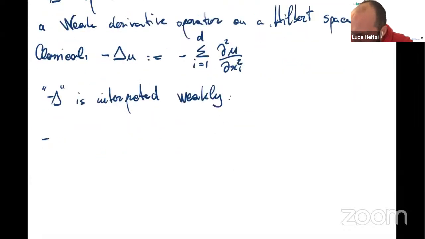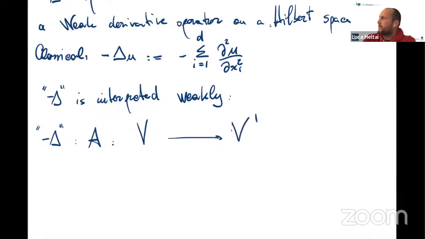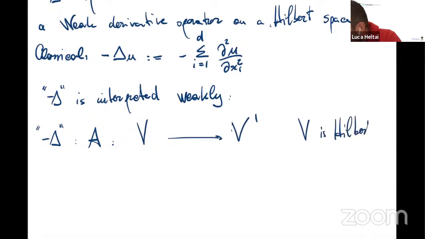So I see minus the Laplacian, and I will call this an operator A, an operator A that goes from a space V into its dual space, V prime, where V is Hilbert. Okay, and now we will try to understand where this actually makes sense.